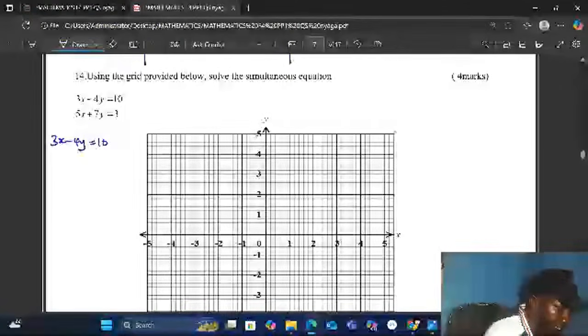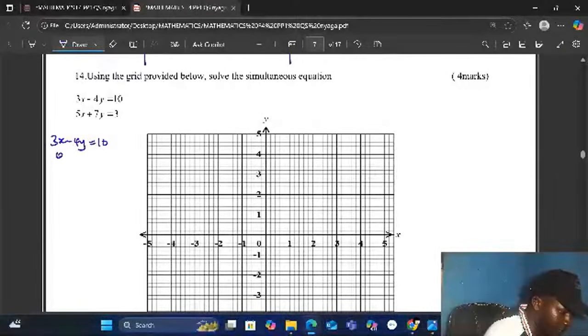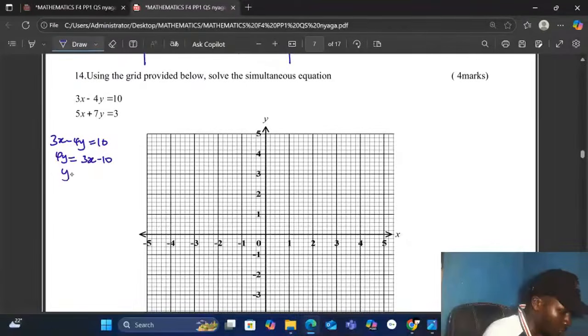Then we can start with 4y, so that we have 4y is equal to 3x minus 10. So that we find the value of y. y is equal to 3 over 4x minus 2.5. So you can look for 2 points.